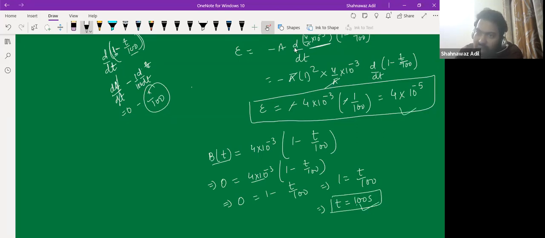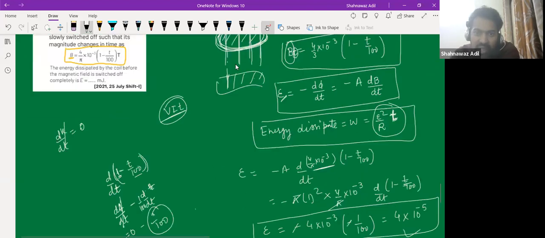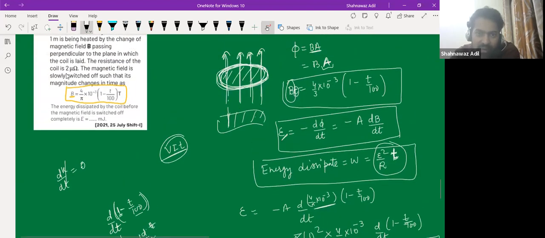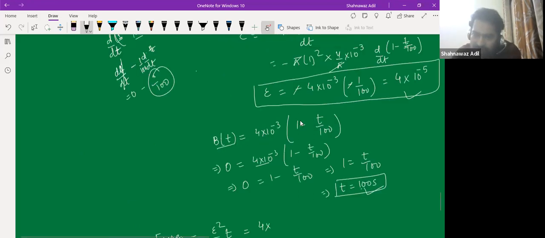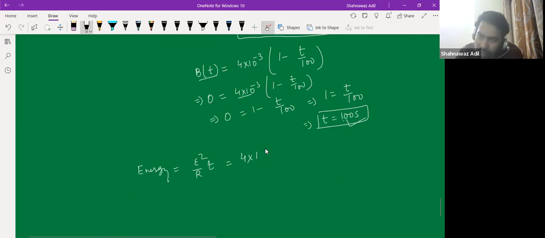E you have, R you also have, which is 2 micro. So then you can calculate the energy dissipated. That would be E square by R into T. So E square is 4 into 10 to the power minus 5, and T is 100 seconds.